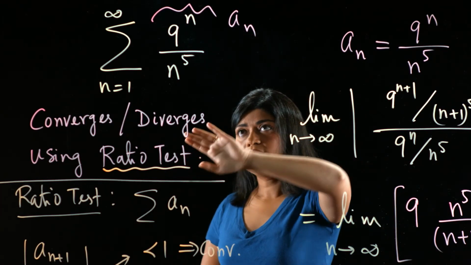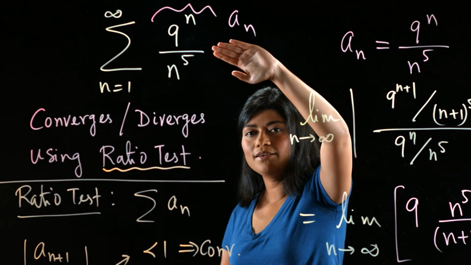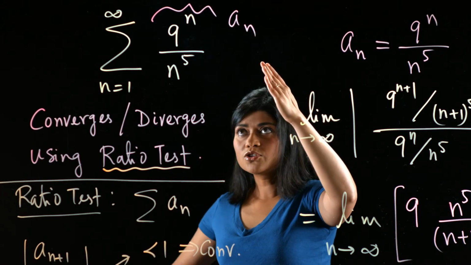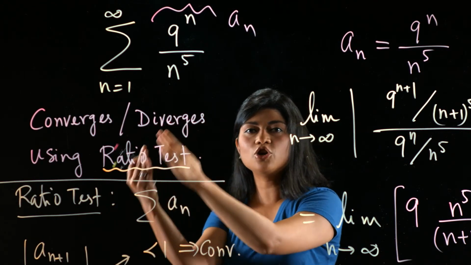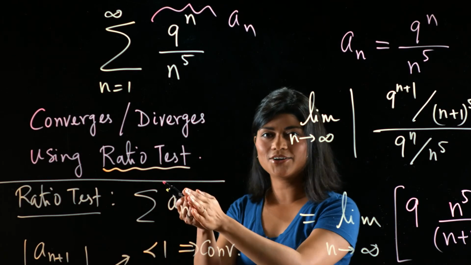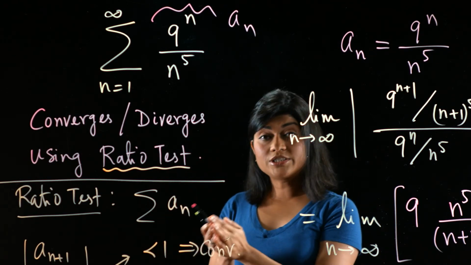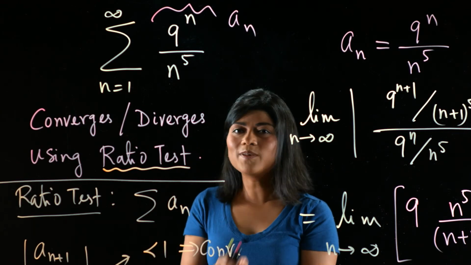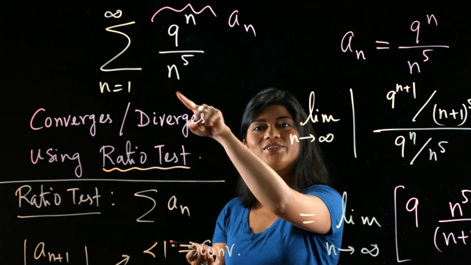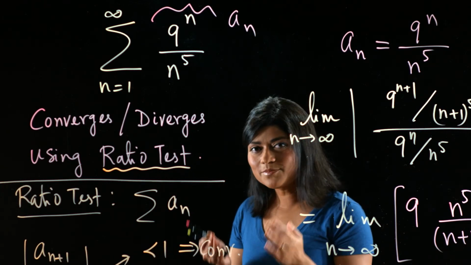On the other hand, if you ignore the denominator and just consider 9 to the n, that's a geometric series. So, it's like a combination of a geometric and a p series, which really means that it's neither geometric nor p, okay? Which means that you cannot apply either of those tests to this series to figure out converges or not. So, please keep that in mind.